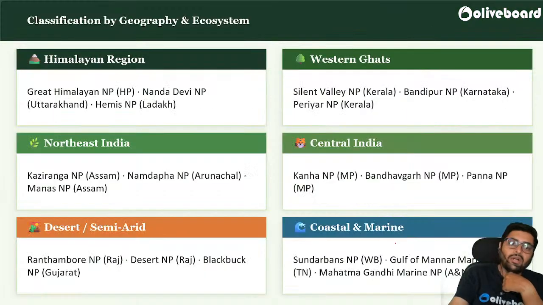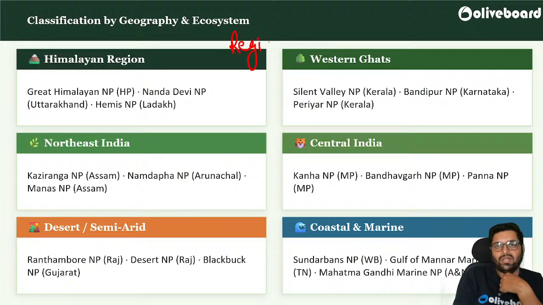Okay, now I have brought some national parks for you region wise. These are only some, but they are region wise. Correct? Himalayan region, northeast, desert, coastal, central, western. Okay, easy.